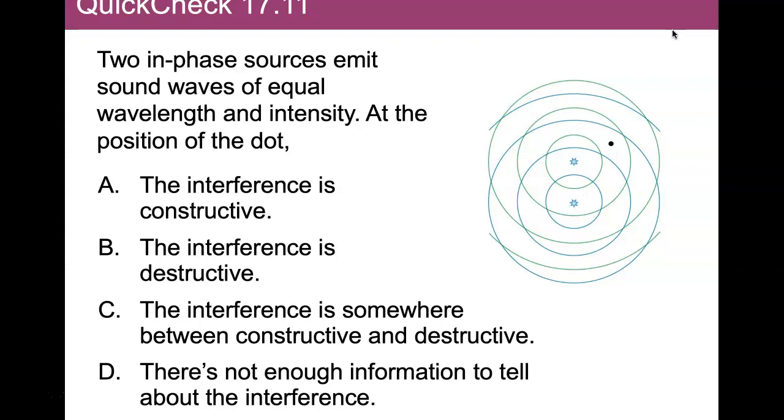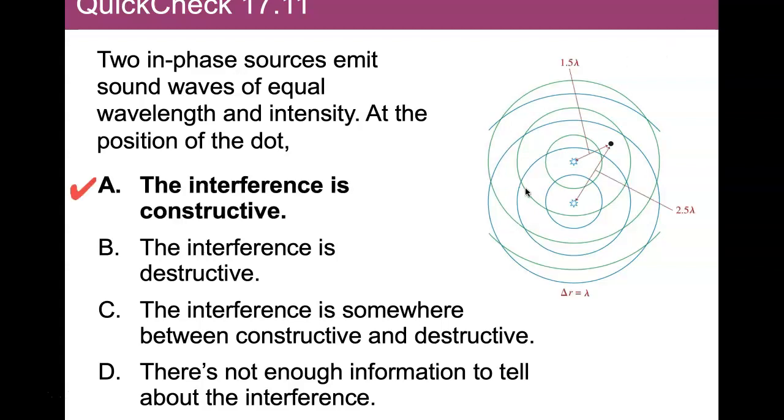So 1.5 minus 2.5 is minus 1. So the delta R, if you forget about the sign, is just lambda, right? So that must be constructive interference. Delta R is lambda. Therefore, the phase difference is just 2 pi.